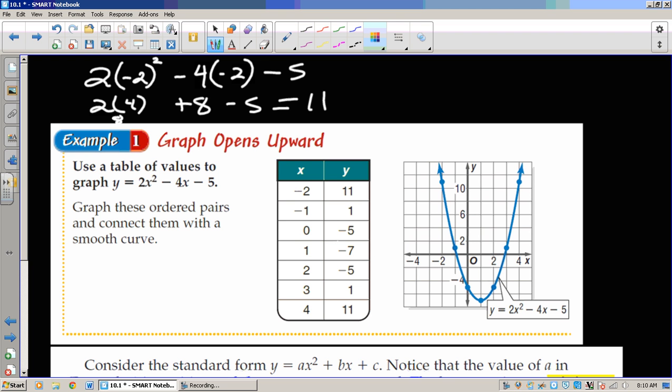Okay. But also there's something very special about this. Look at 4 here. What do you notice about 4 when x equals 4? It has the same y as -2. That's what it always is.